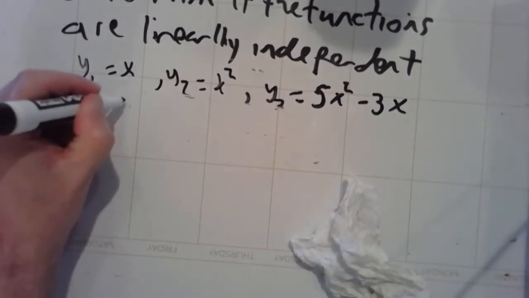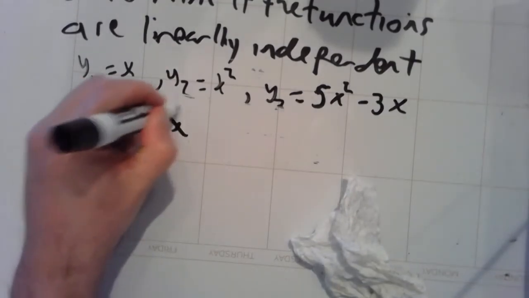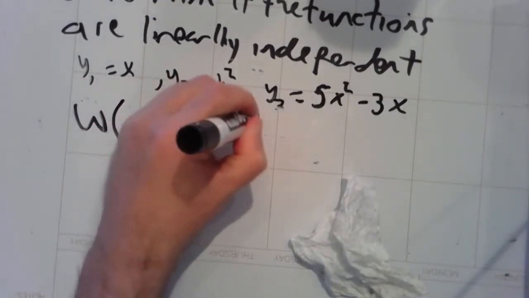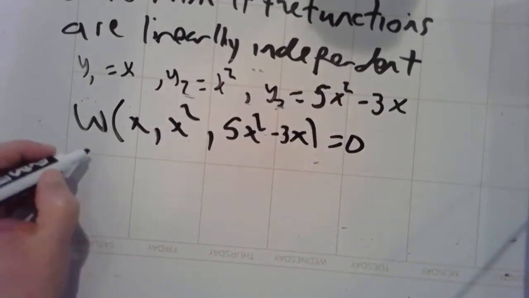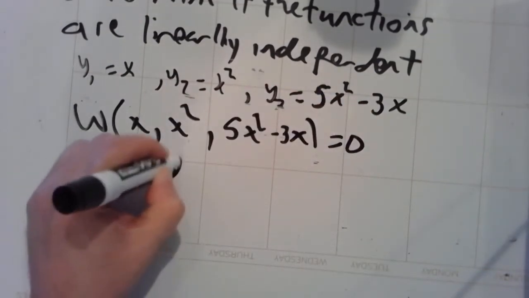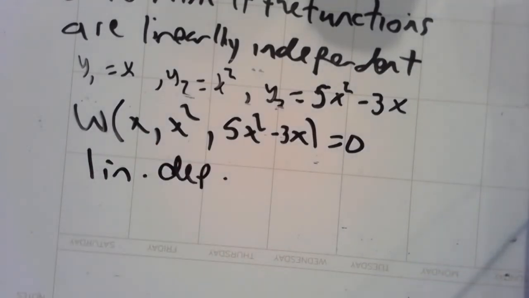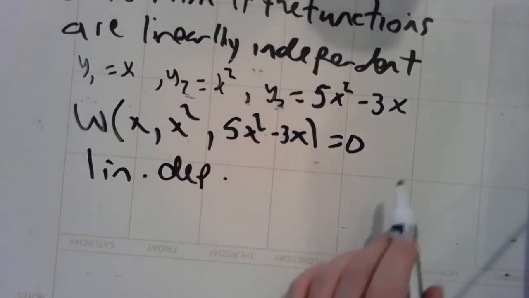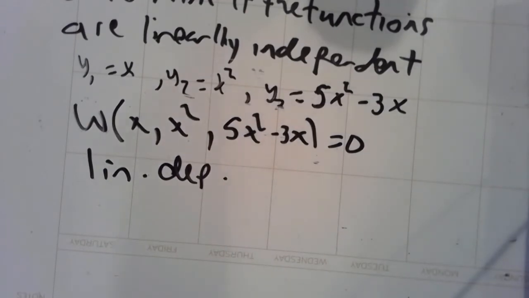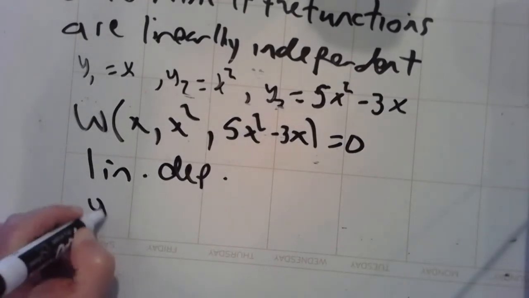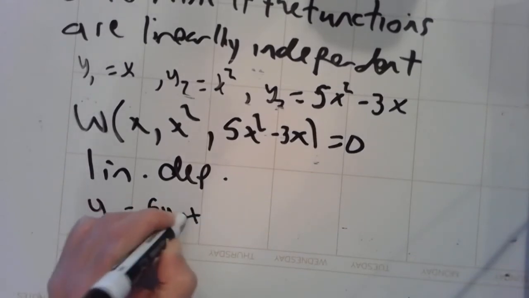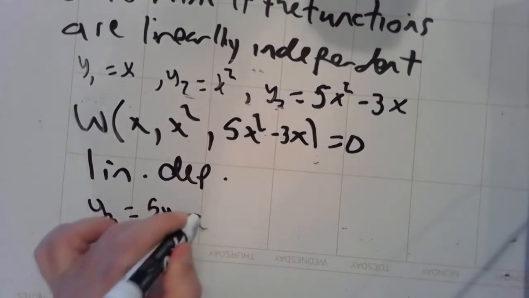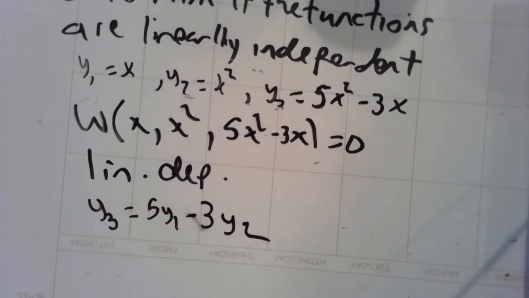So the Wronskian of these three equals 0. So they are linearly dependent. What that means is there are two ways to look at that. I can write one of these as a linear combination of the others. For example, y3 would be 5 y1s minus 3 y2s.